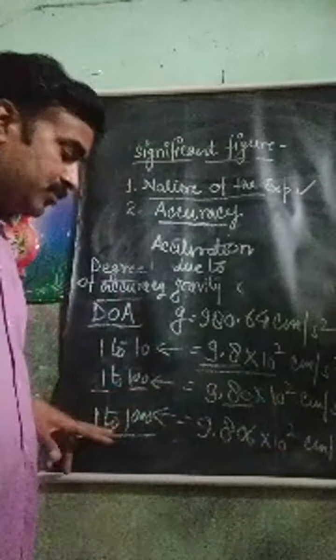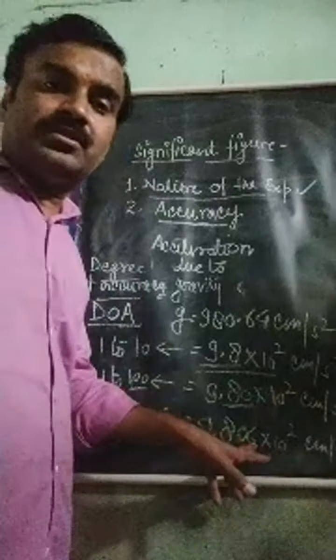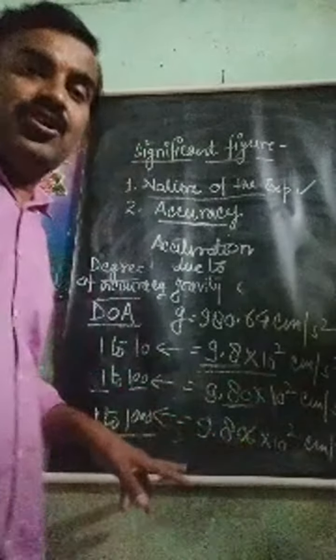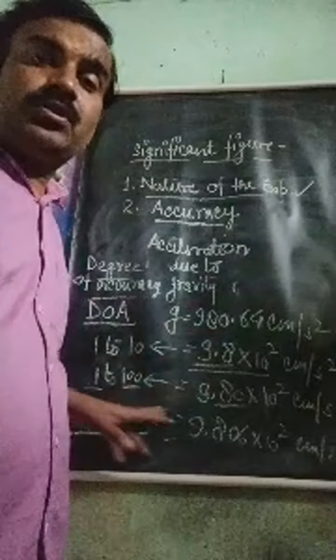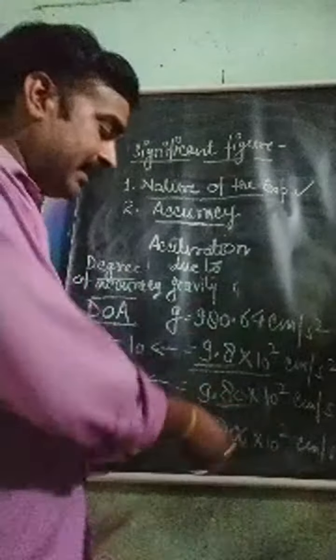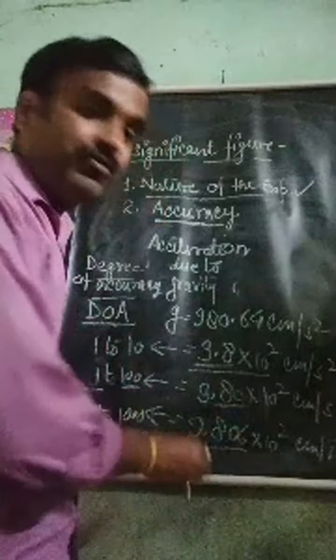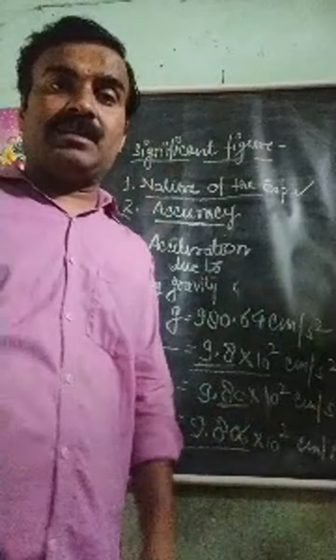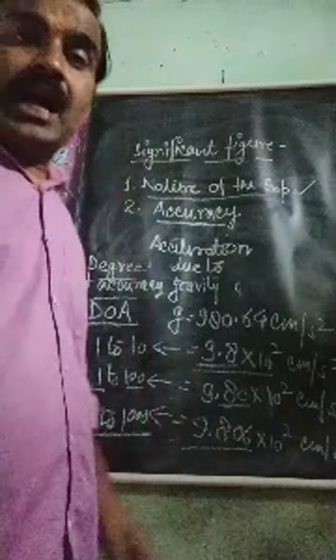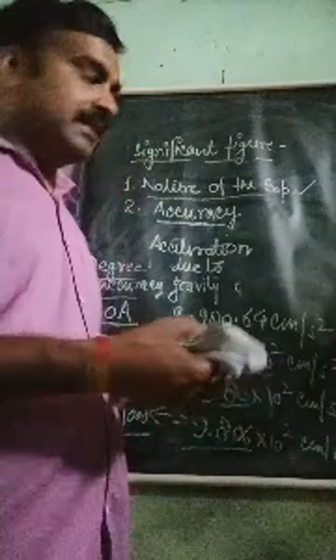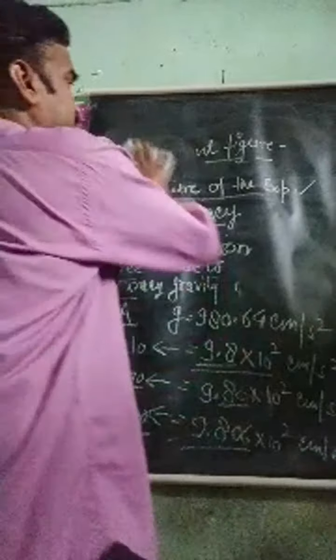In the same way, if you write 9.806, the degree of accuracy is between 1 to 1000, because we have written up to 3 decimal points. So once we write up to 3 decimal points, the degree of accuracy also changes. Now come to the next topic.